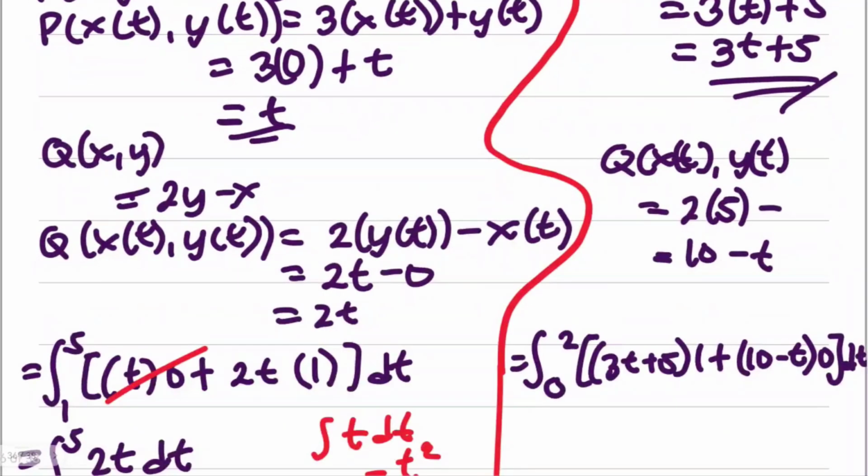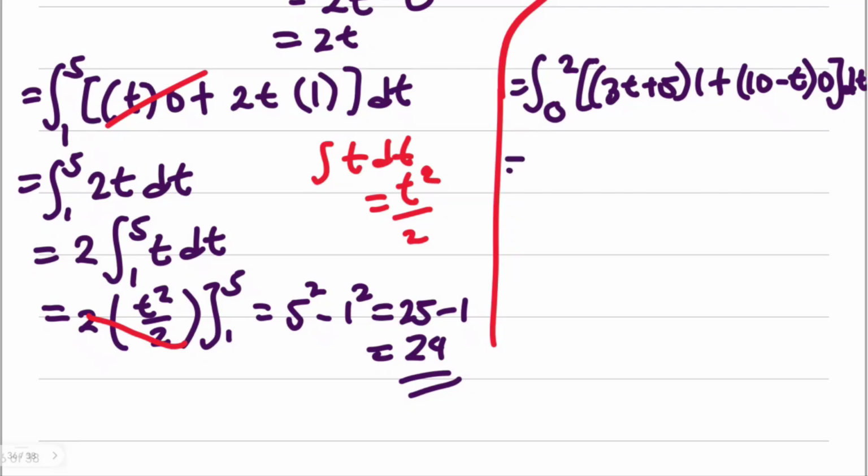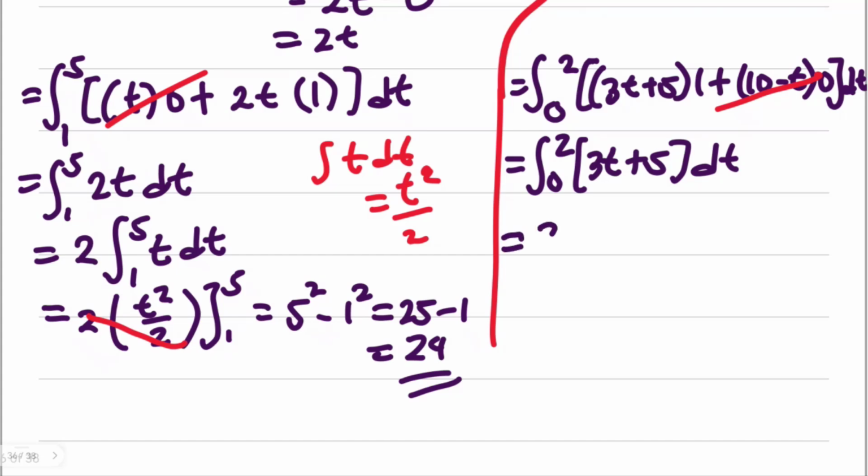Now for the second, you will have here the integral from 0 to 2. So you will have here 3t plus 5 still, because that's just 1. But the second here would be 0, right? This is dt. Applying the linearity property, 3 times the integral from 0 to 2 of t dt, plus 5 times the integral from 0 to 2 of dt.